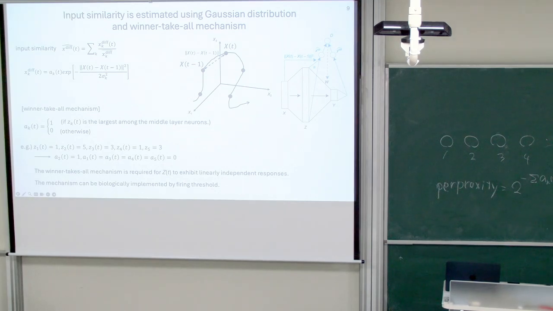This part is entropy. So the perplexity corresponds to a kind of predictability. You predict what?